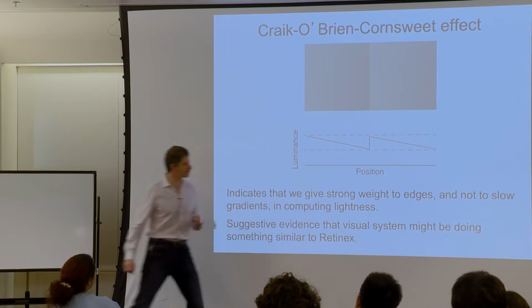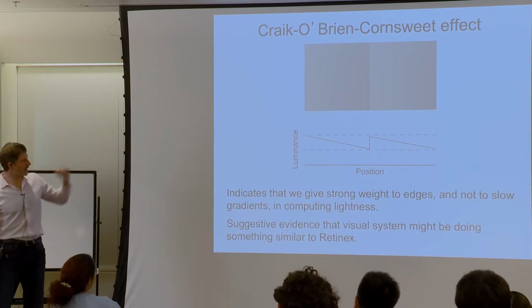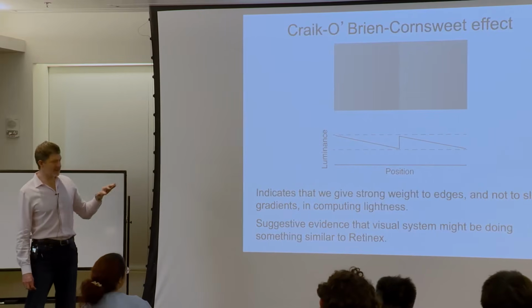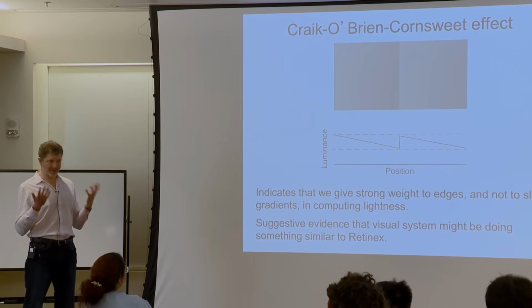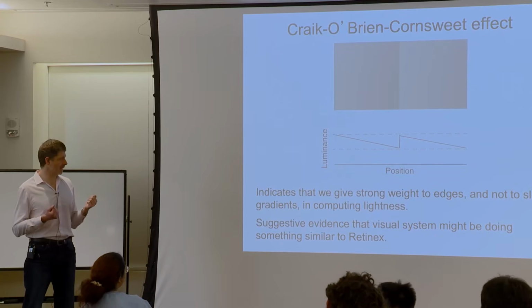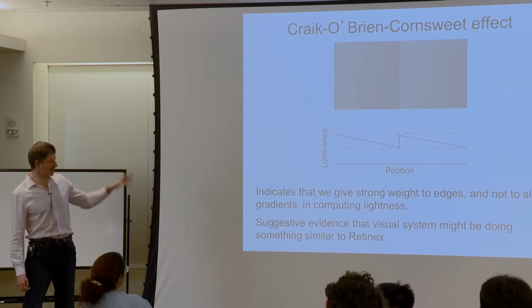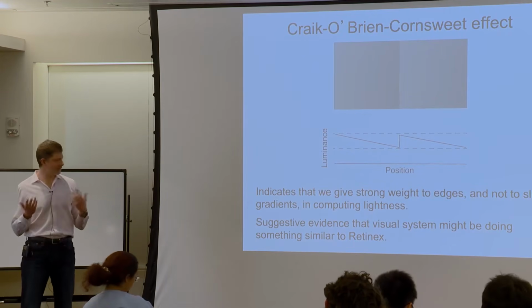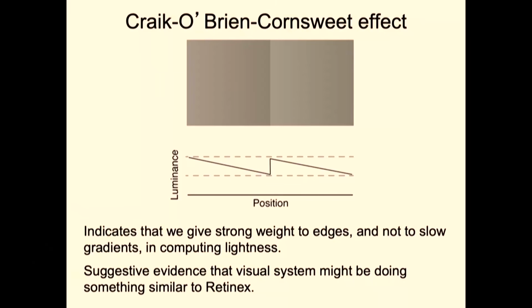Okay. So this kind of illusion and others like it indicate that the visual system gives very strong weight to edges in the computation of lightness, and not so much to slow gradients. And so this seemed like suggestive evidence that the visual system might be doing something similar to Retinex. Okay.